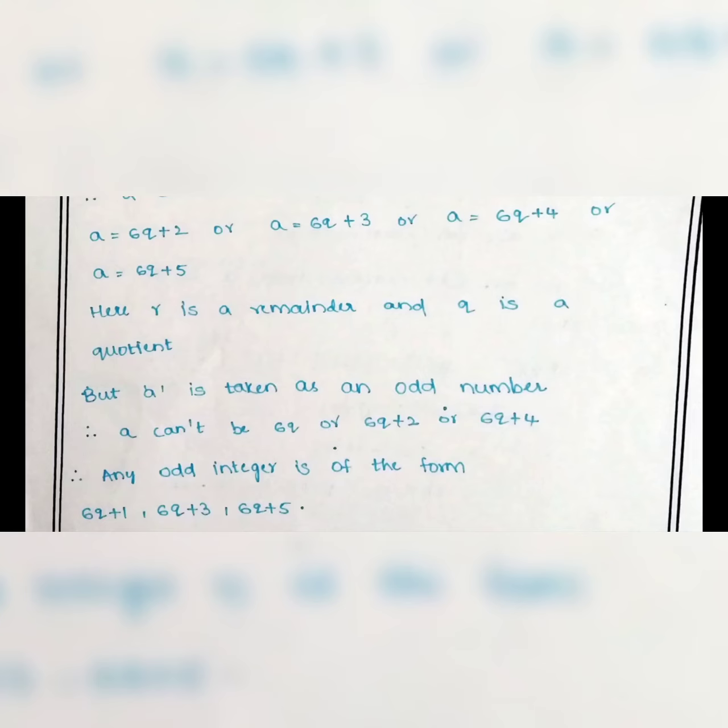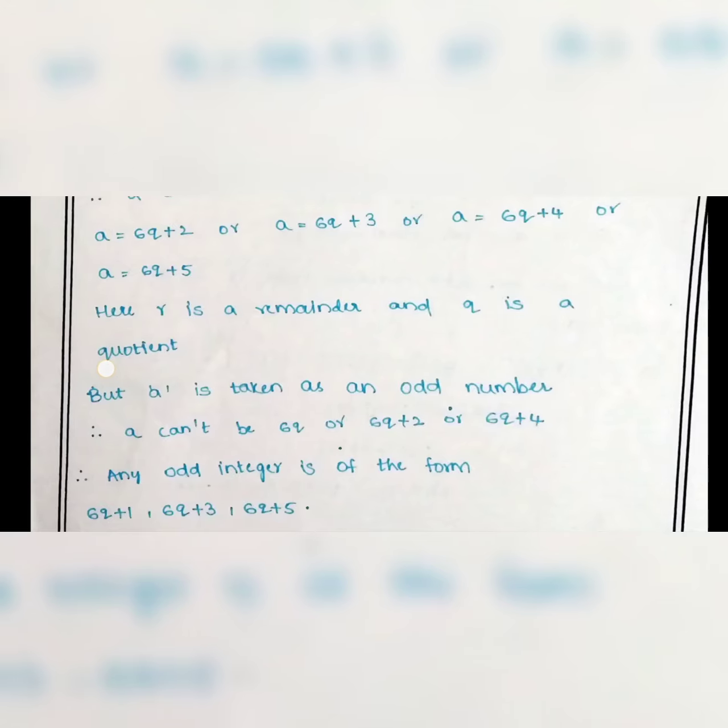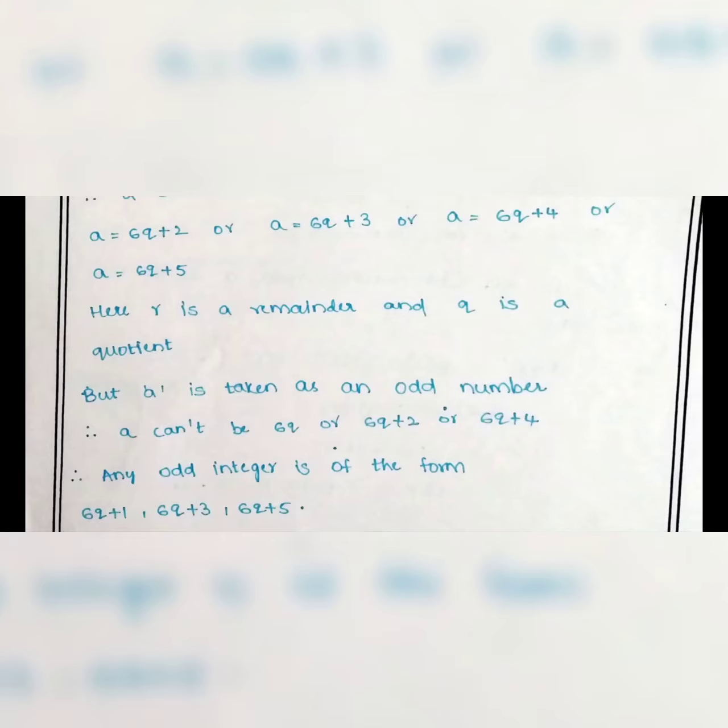So we cannot take 6q plus 2 or 6q plus 4. So any odd integer is of the form 6q plus 1, 6q plus 3, 6q plus 5. You can try it using the trial and error method. If you want, you can substitute numbers in place of q and check whether you get an odd number or an even number.